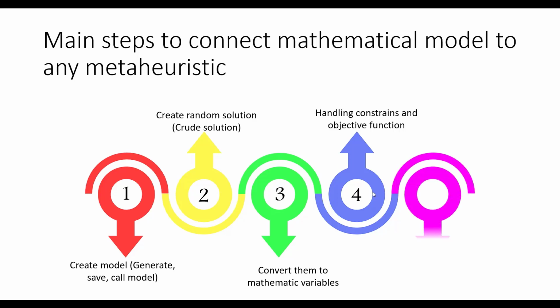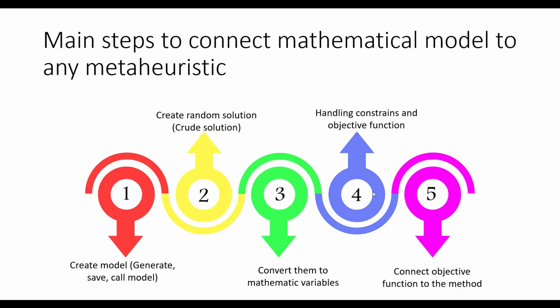And then the last step would be to connect the objective function to the method. So we have defined our objective function, and this objective function would measure the cost. In this regard, we have to put this objective function as the cost function that we have defined in any metaheuristic algorithm.